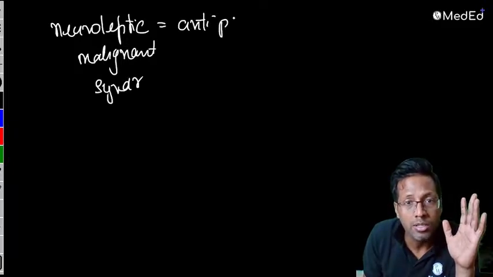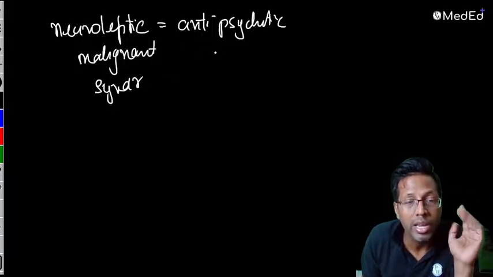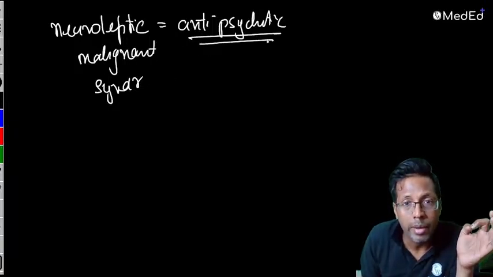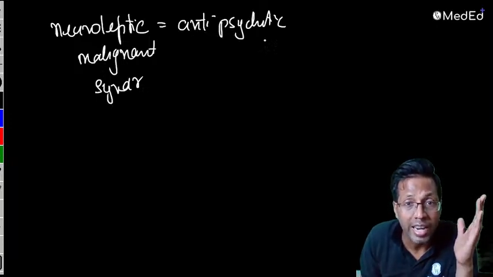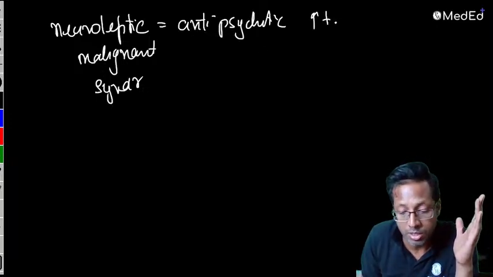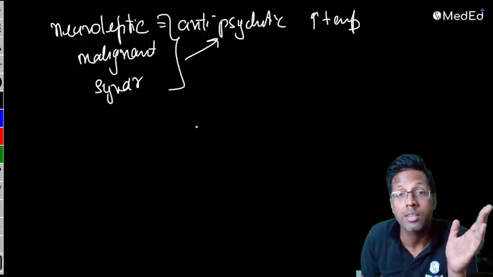It means antipsychotic. So it is a malignant syndrome because of an antipsychotic drug. You have given some antipsychotic drug in psychiatry, because of which the patient's temperature is increased, and this is called neuroleptic malignant syndrome.